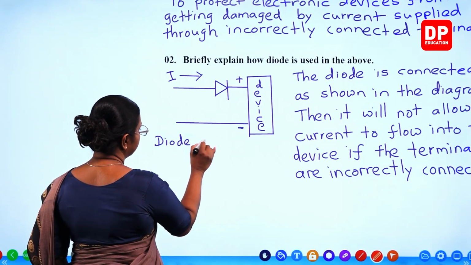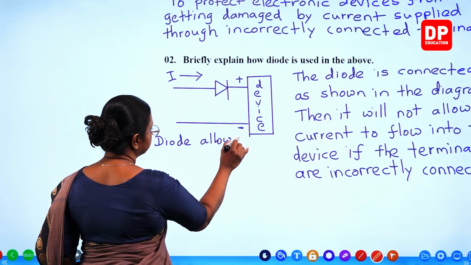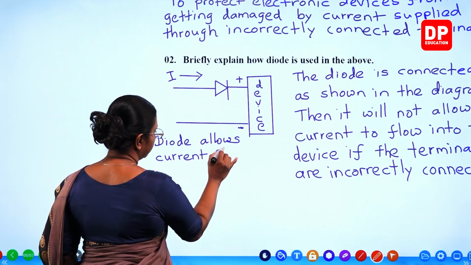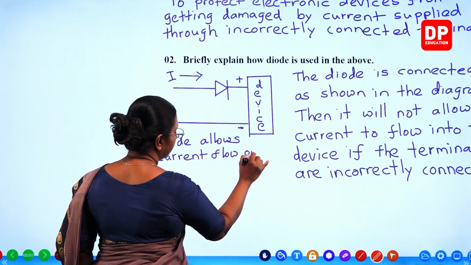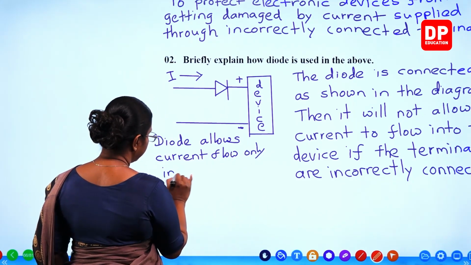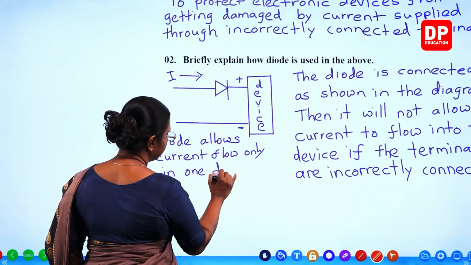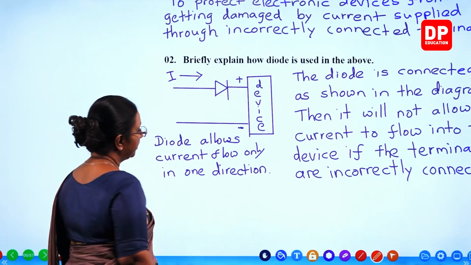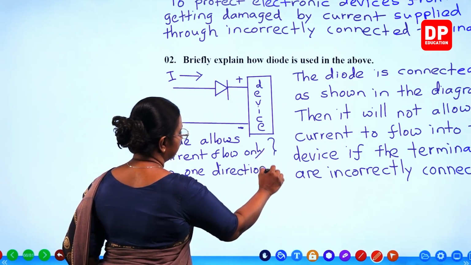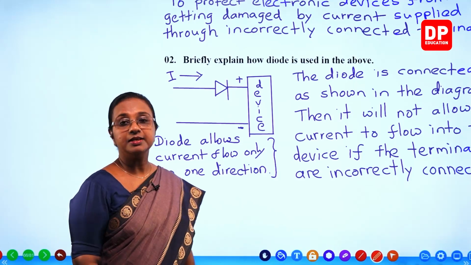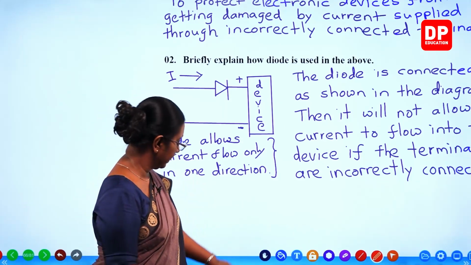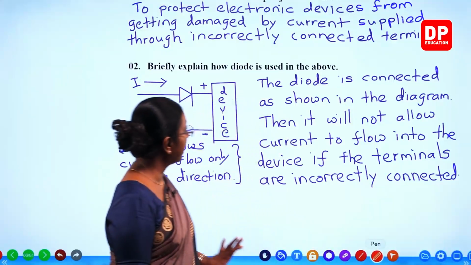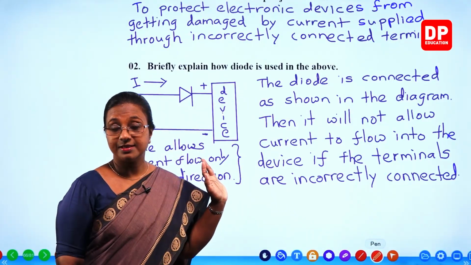Diode allows current flow only in one direction. So because of that, it protects the device. Is that clear, students? So that is the complete answer how the devices are protected.